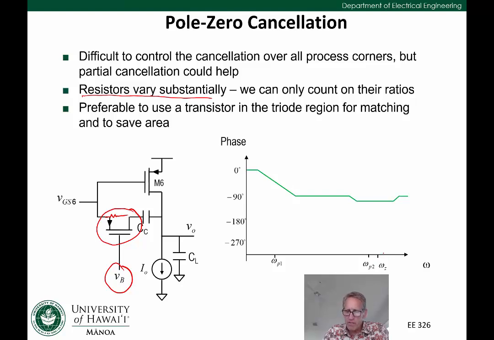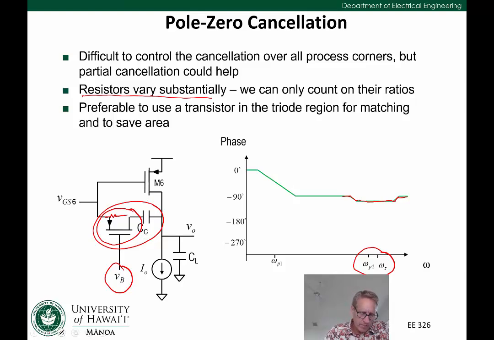But even if the zero and pole 2 are not exactly canceling, we might get some small phase shift, but generally it's going to be small, and we're still left with a robust phase margin. So this technique is used all the time in two-stage op-amps to either cancel the second pole or move the zero out to infinity.